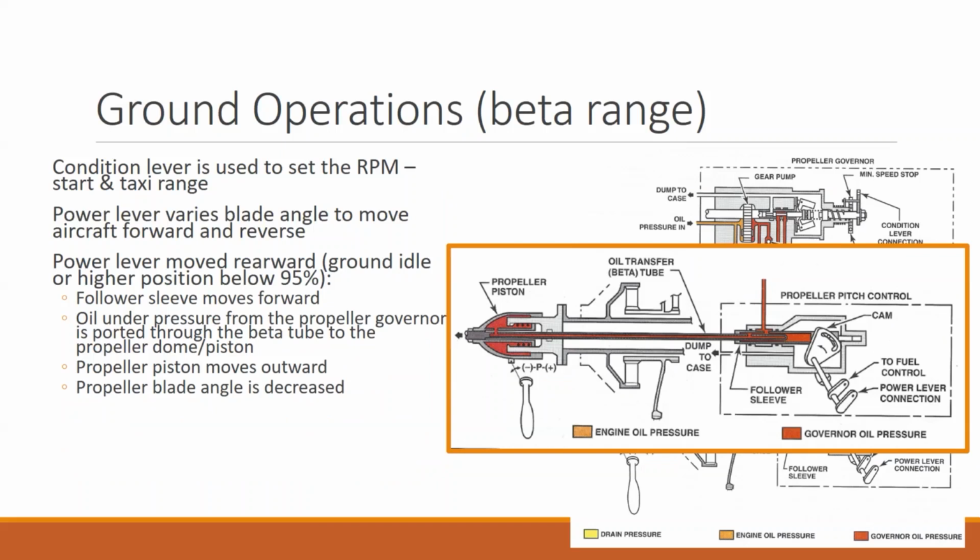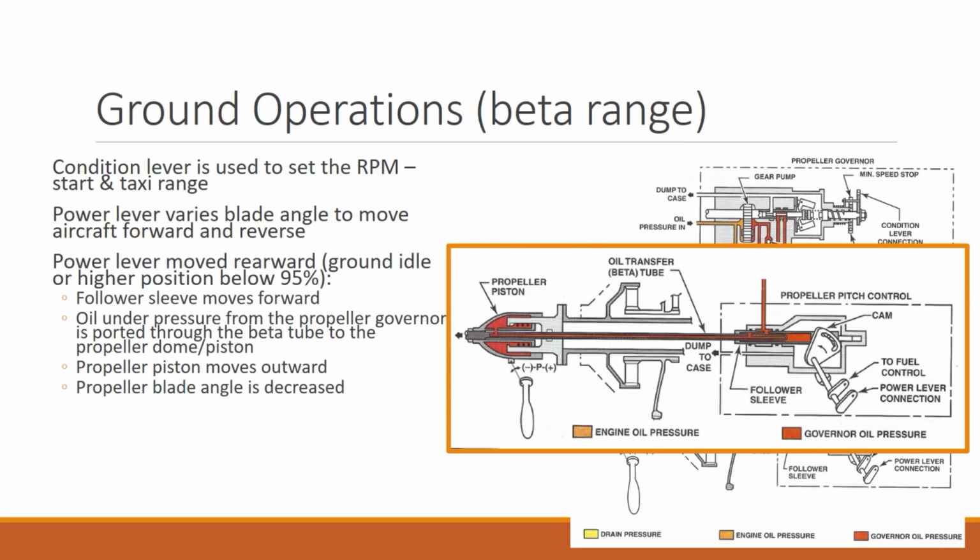We've gone to a finer pitch, RPM is going to increase. RPM of the propeller, RPM of the engine. So now the fuel control governor on the engine is going to get into what kind of a position, what kind of a condition? It's going to cut back the amount of fuel to the engine in order to maintain that idle RPM setting that we have set by the condition lever.